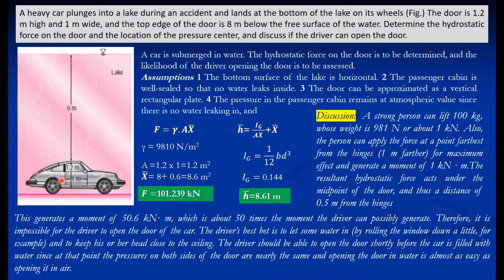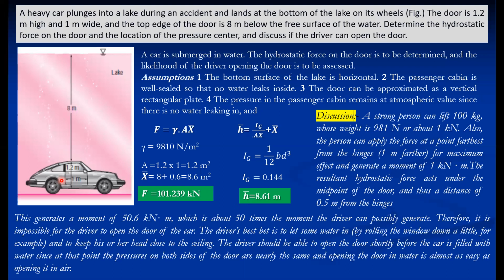Actually the POs are addressed. That is the actual outcome of engineering. This is a best practical example where in this particular case it is not possible for the driver to open the door. The force required is 50 times greater than the person can exert.